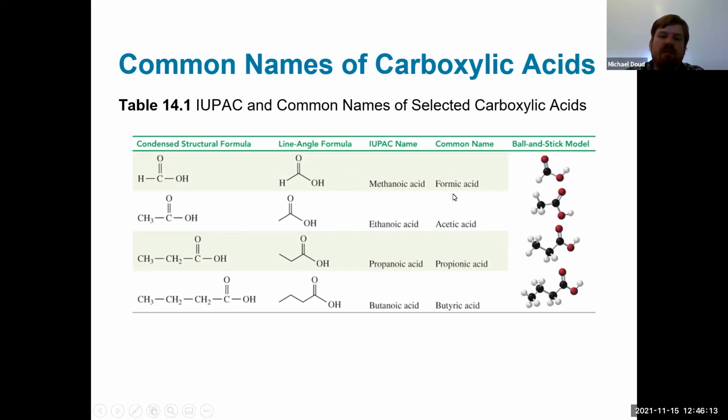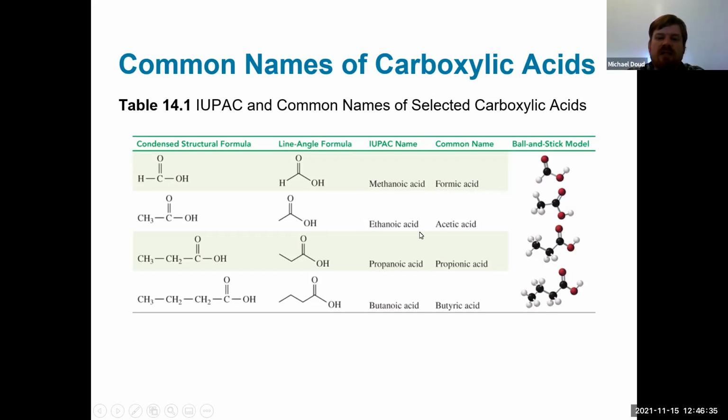That's the IUPAC name, but it's usually not labeled that way. If you see it in a medical setting or a chemistry lab setting, it's called formic acid. Formic acid is a poison, so it's very important that you don't take in any formic acid. But it is useful for other circumstances. So just keep that in mind. Formic acid is a poison.